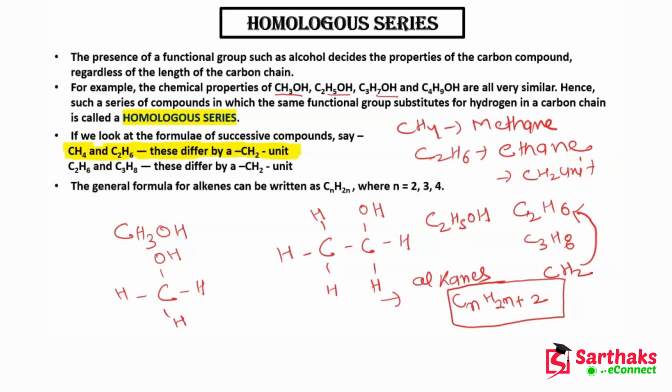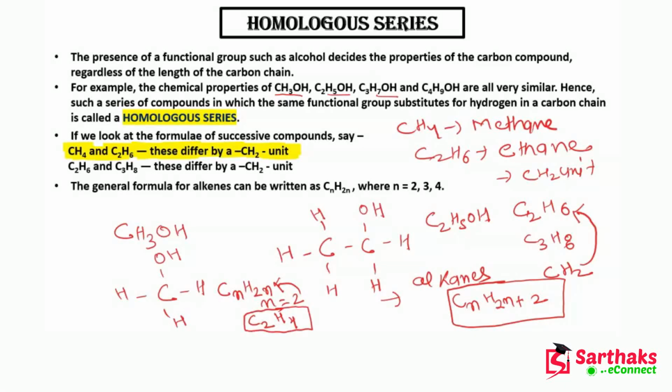Now what can be the general formula for alkene? The general formula for alkene is CnH2n. If I want to write ethene, there are 2 carbon atoms, so n will become 2. If I put 2 in this formula, it gives C2H4, which is the formula for ethene.